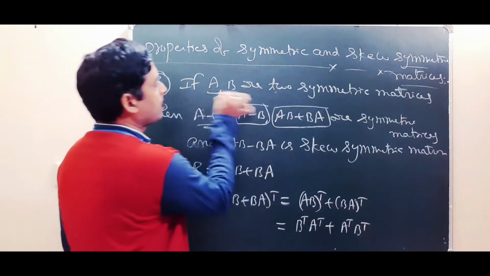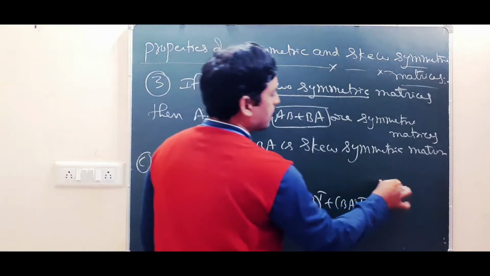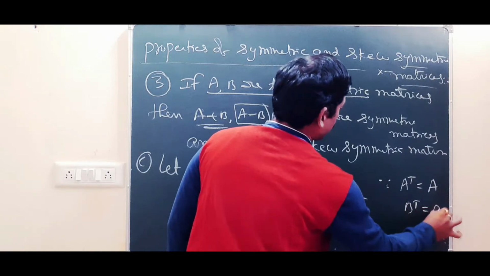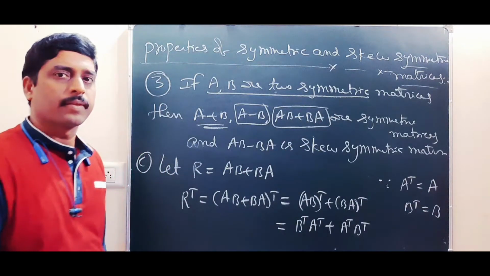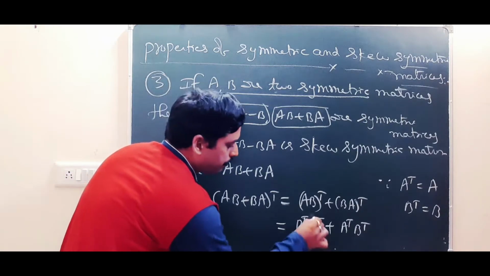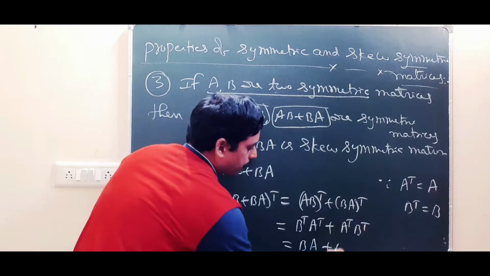But in the statement, what is given? A and B are symmetric matrices. A transpose equal to A is given, B transpose equal to B is given. So replacing B transpose with B and A transpose with A, we get AB plus BA.